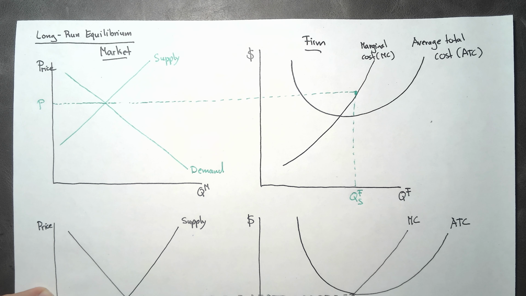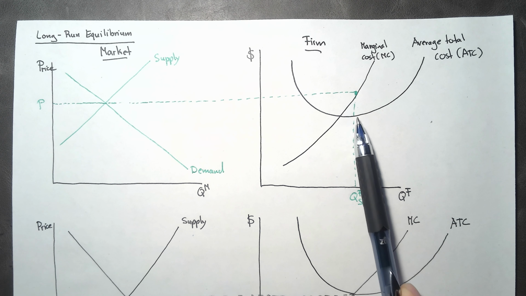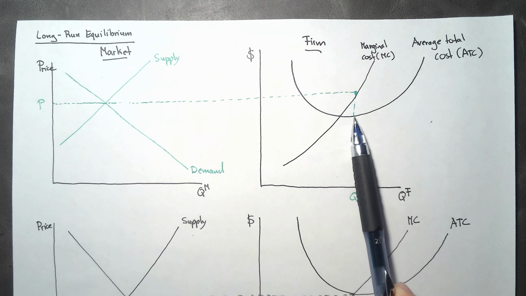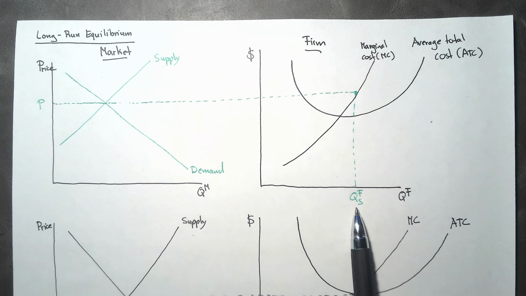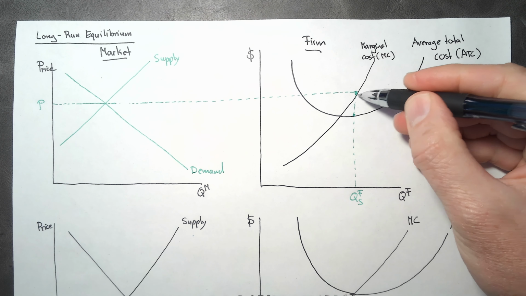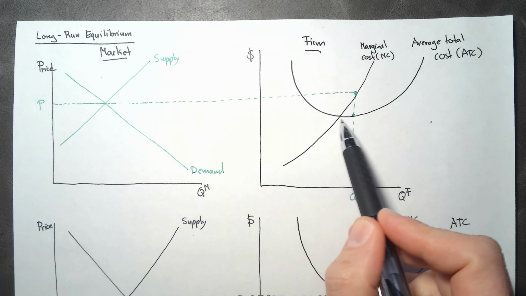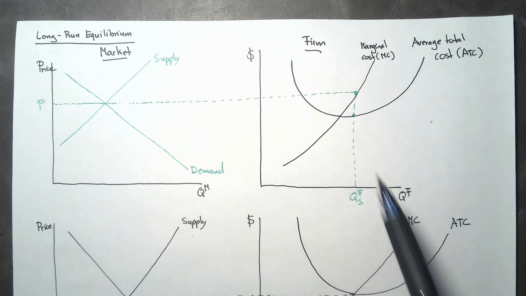The price is above the average total cost at that point where the firm produces. In previous videos, we have seen that this distance represents a per unit profit to the firm. So in this case, the individual firm makes a profit.